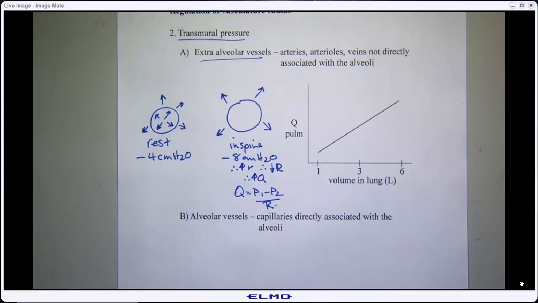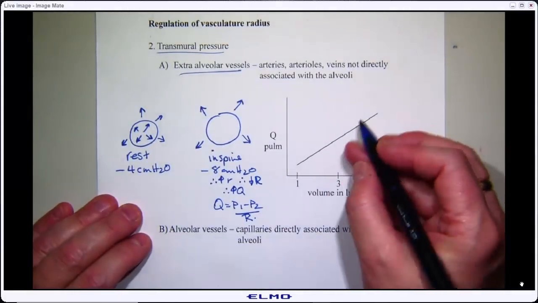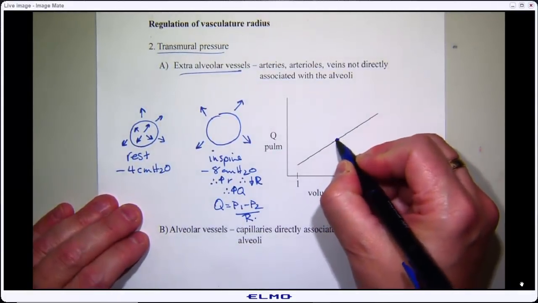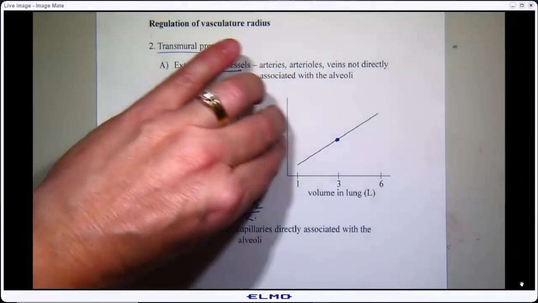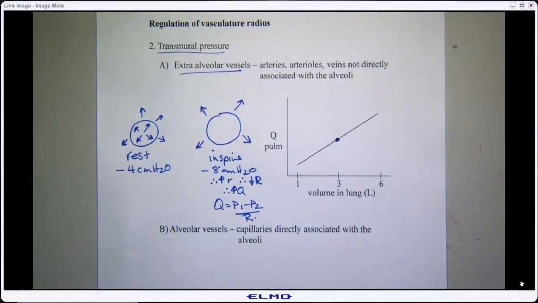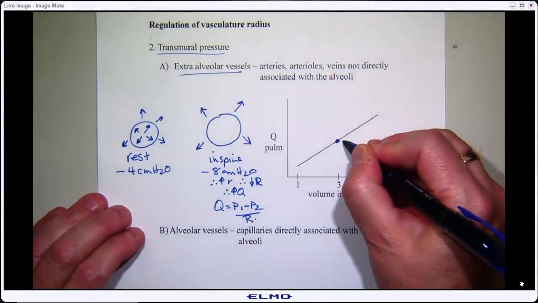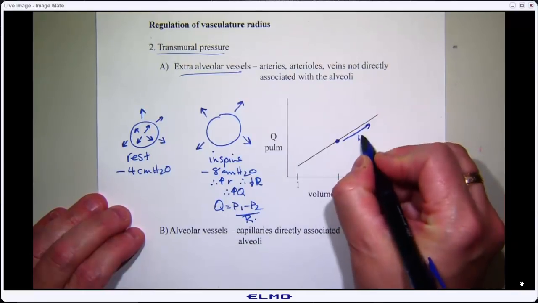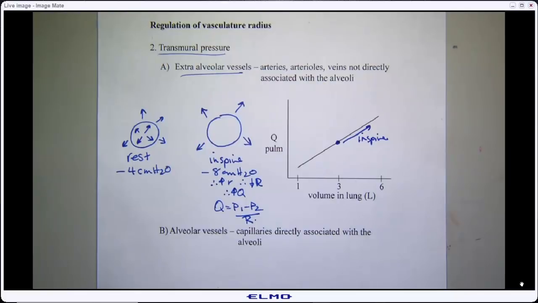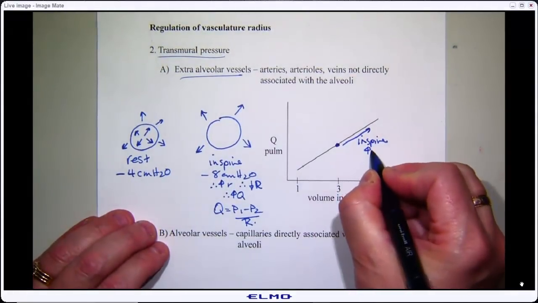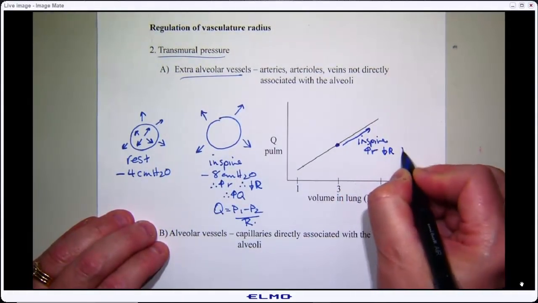Okay, so if we were at rest and we had our 3 liters sitting in our lungs, the blood vessels would be open, there'd be a certain amount of flow occurring. As you inspire, we increase radius, decrease resistance, increase flow.